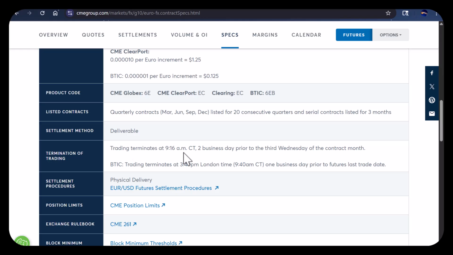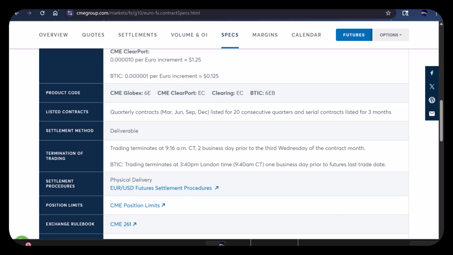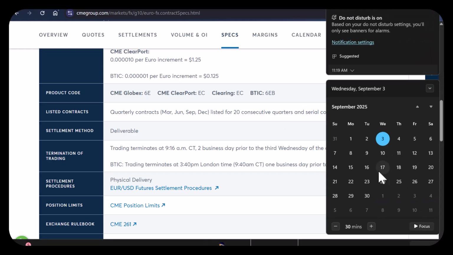Termination of trading is 9:16 a.m. Central Time, 2 business days prior to the third Wednesday of the contract month. So for September, the third Wednesday is the 17th. So you can trade it until September 15th, 9:16 a.m. Central Time.